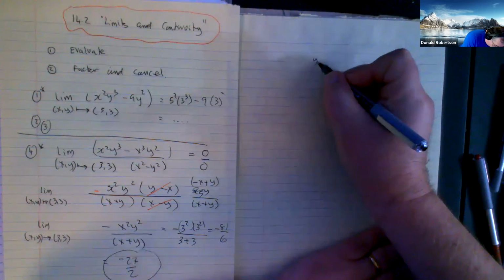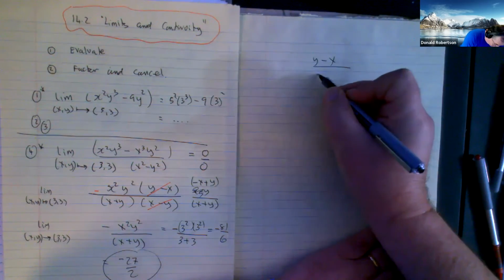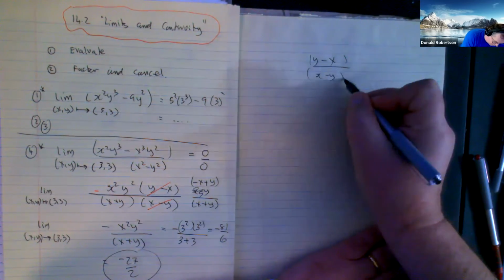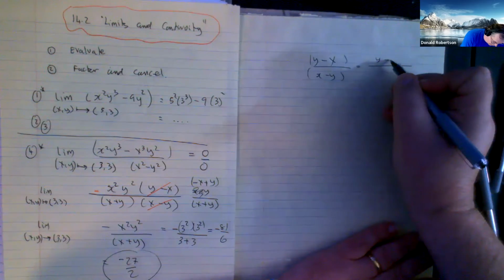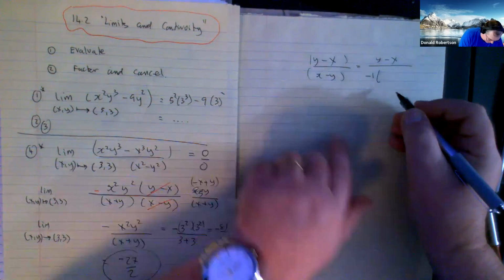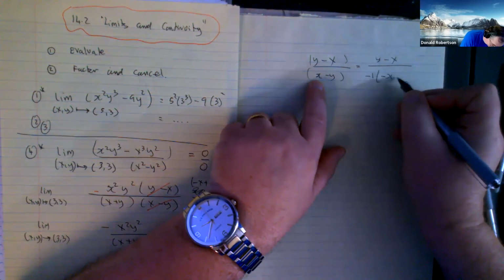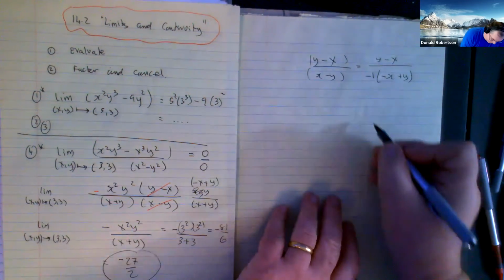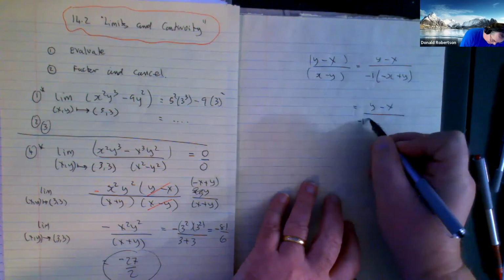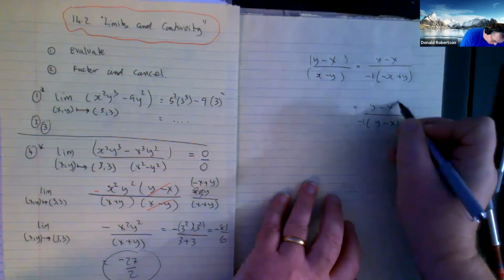Right. Let me just show you what was happening there. We had these two guys. I could pull out a negative 1 as a common factor. Now, if I did that, I'd get negative x plus y. And then I would rearrange this guy here to be a y minus x.